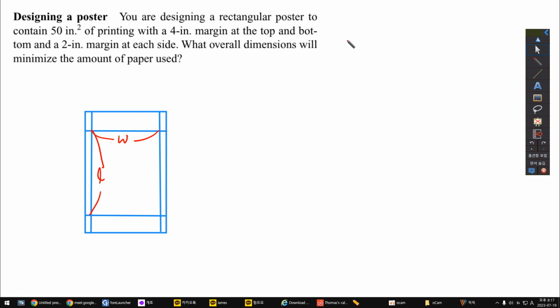So width times length is 50, and the total size will be W plus 4 and L plus 8, including the margin.